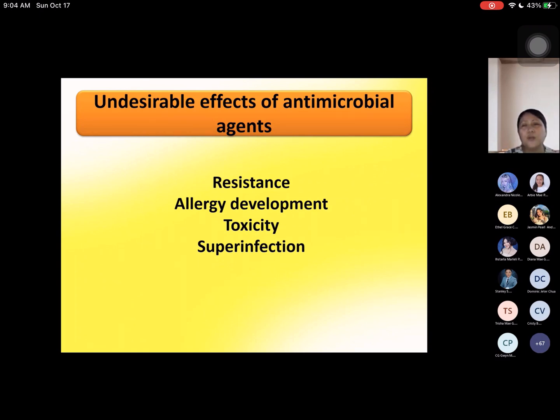If you are not able to follow the prescribed dosage, they will multiply and you will have not only one infection but multiple infections because of this superinfection. Okay, so these are the undesirable effects of antimicrobial agents.